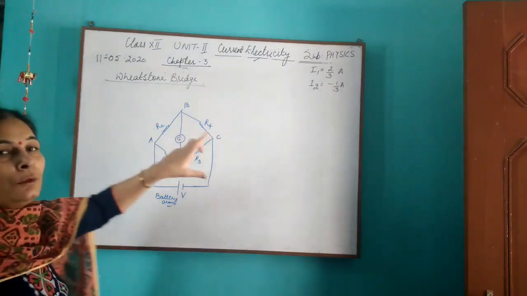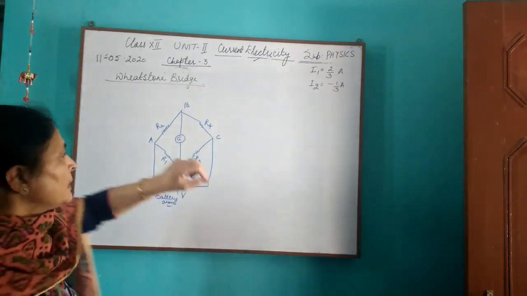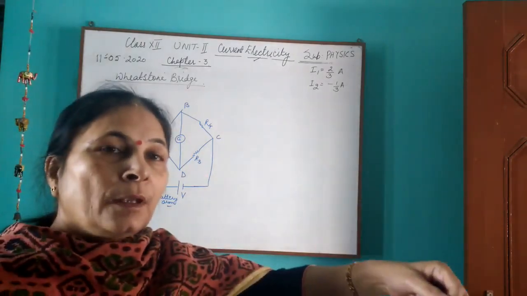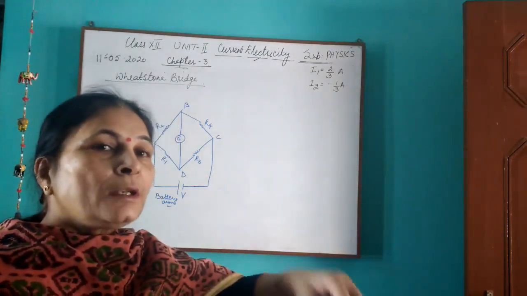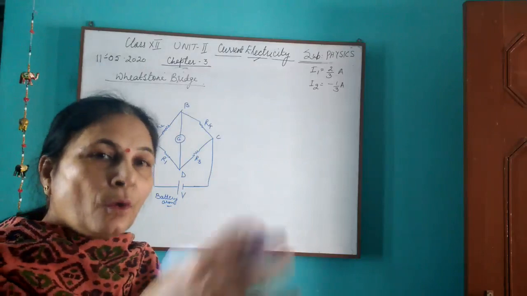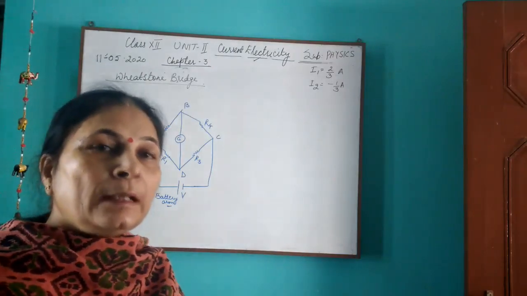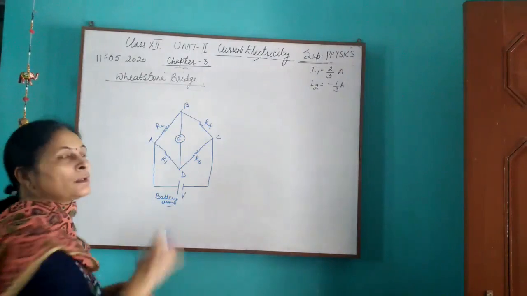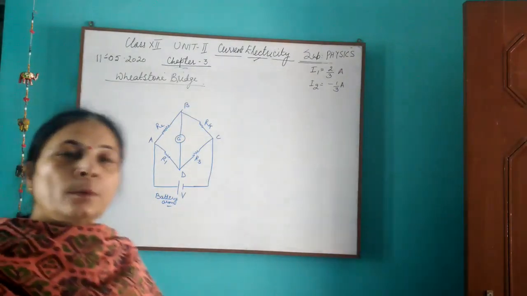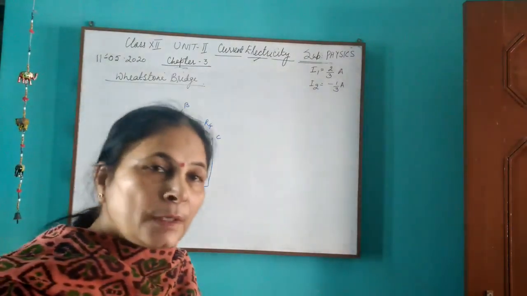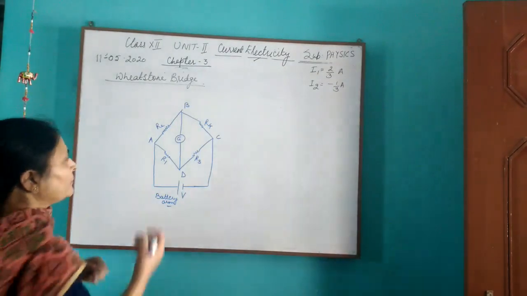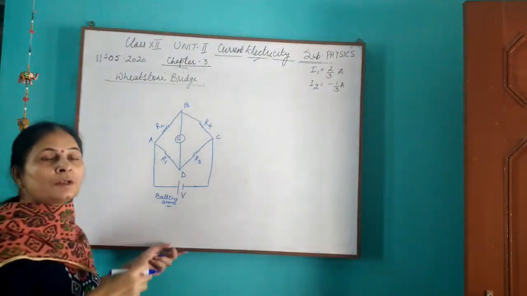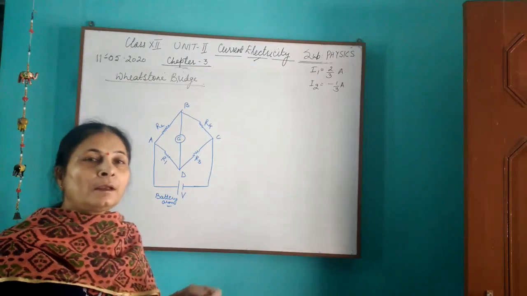Now what are we going to do? There are certain questions in which using Kirchhoff's law all the time will be a lengthy process. Rather, if we use the concept of the Wheatstone bridge, problem solving will become easier. How? When you see the question in the form of a Wheatstone bridge, a condition can be applied.